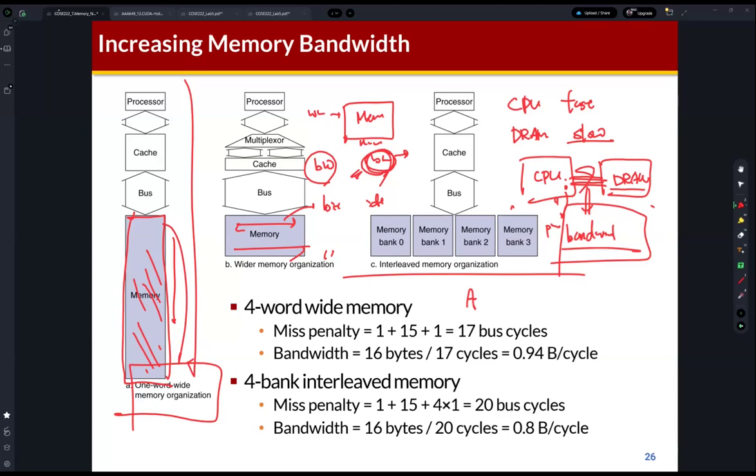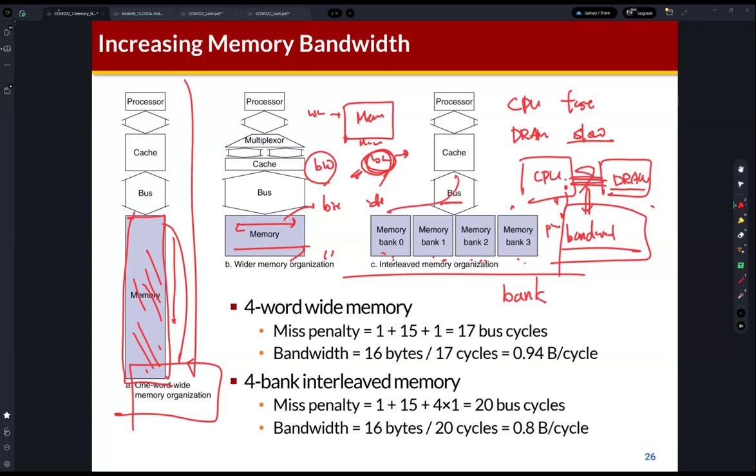So in this figure, you can find that there are multiple memory partitions. This partition is called a bank. And you know the bus is narrow. So we can control multiple memory partitions, or multiple banks, like this.